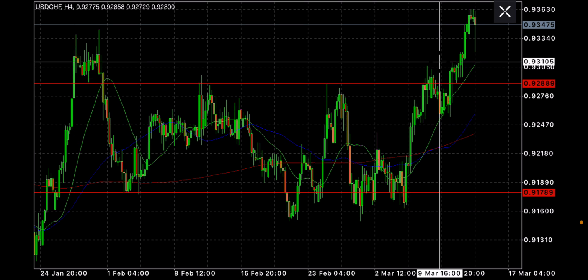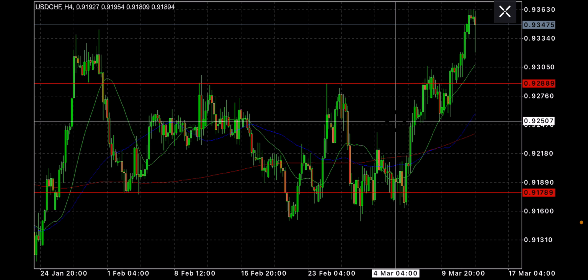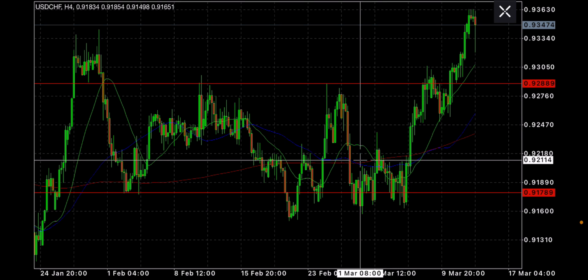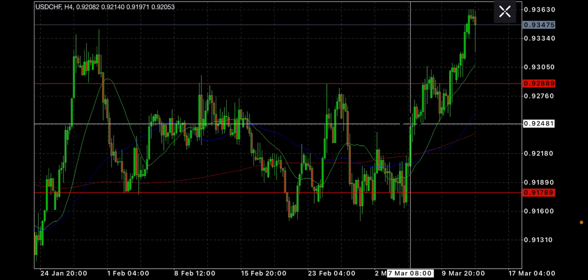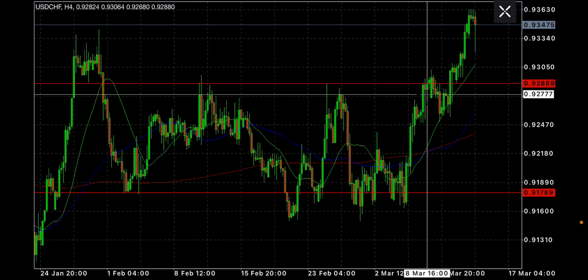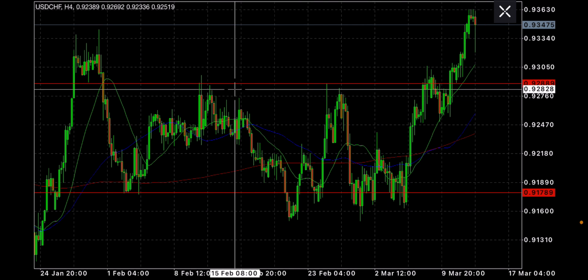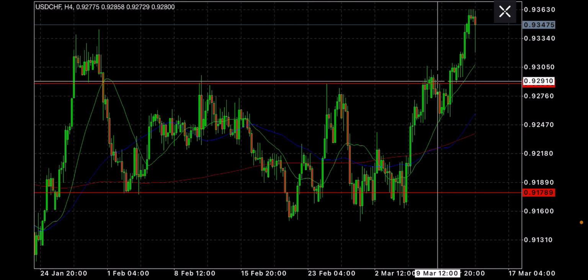But if you compare this to the USD JPY chart, that break was not that aggressive. That's because the CHF is just much, much stronger than the JPY at this current time. Okay, so you will have somewhat breaks within the range from time to time.